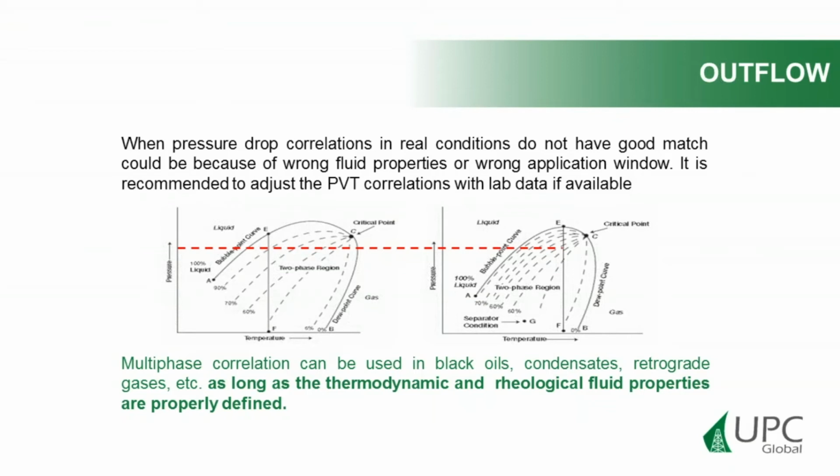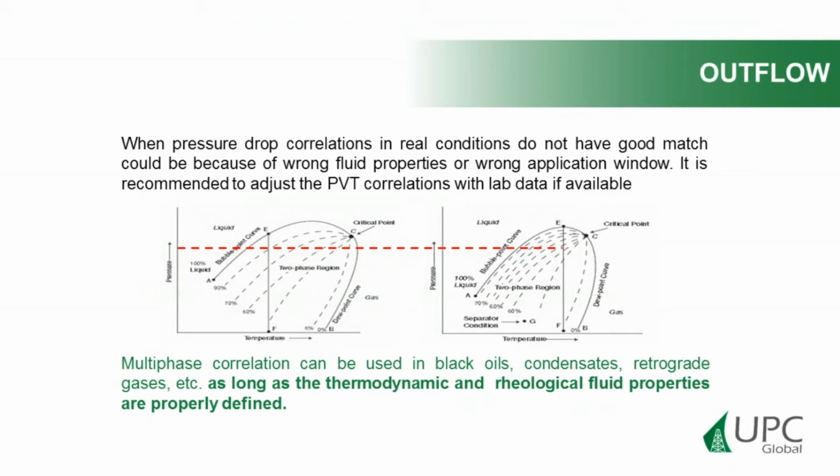The next common question is whether I can use Thomson and Ross or Hagedorn and Brown, whatever, with condensates, because people think they can only be used for black oil. When you look inside the multi-phase flow computation, you never ask whether it is a condensate or whatever.